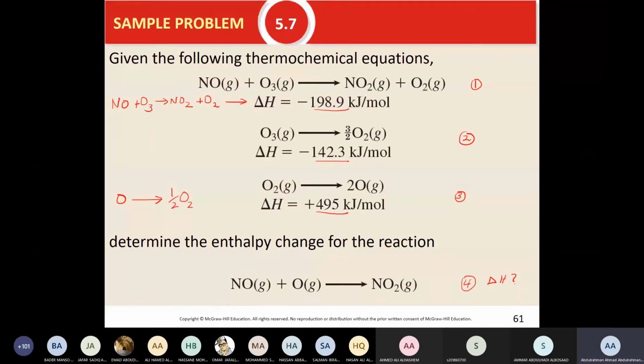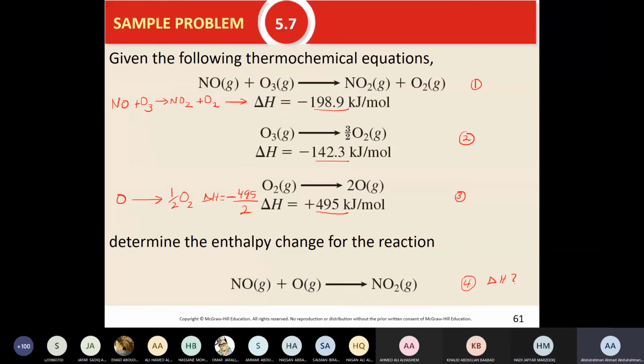And what will be delta H? First I have to put the minus: minus 495 divided by 2. Is this clear? Why did we divide it by 2? I will tell you in a while.